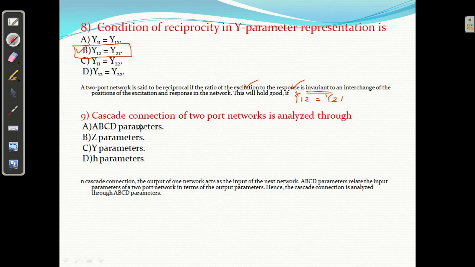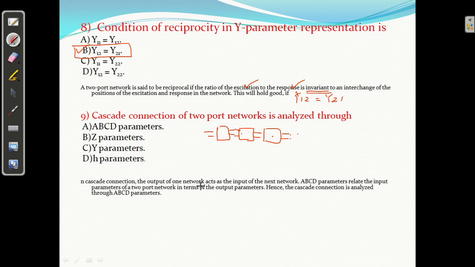Cascade connection of the two-port network is analyzed through ABCD parameter, Z parameter, Y, H parameter. In a cascade connection, suppose one network is this, the second connection is this, and then a third, like this, N number of cascade connections. This is the transmission parameter, clear?